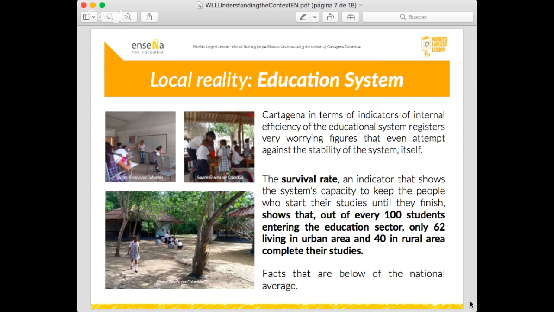The question is, which kind of schools are we visiting? It's tricky. We will visit schools located in some parts of the rural area, because the hotel is near the rural area of Cartagena, and also in the urban area, mainly public schools.